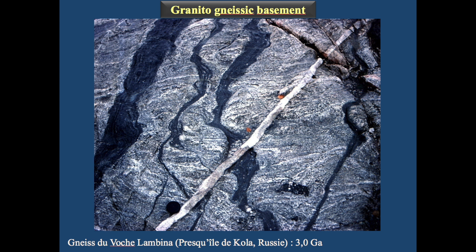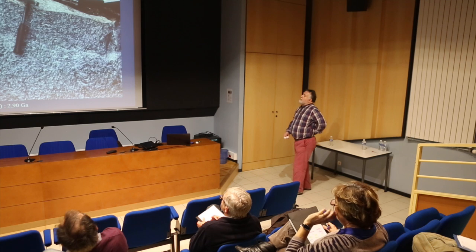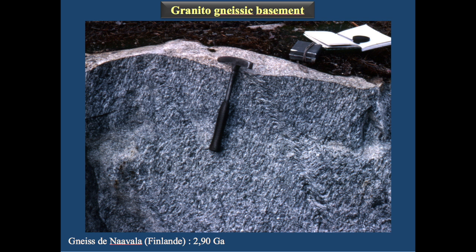The same in Kola Peninsula in Russia with granitic vein here and with basaltic vein, but the gneisses are here. And finally, in some places, just like here, in the young gneisses of Narvala in Finland, we have homogeneous gneisses. Okay.